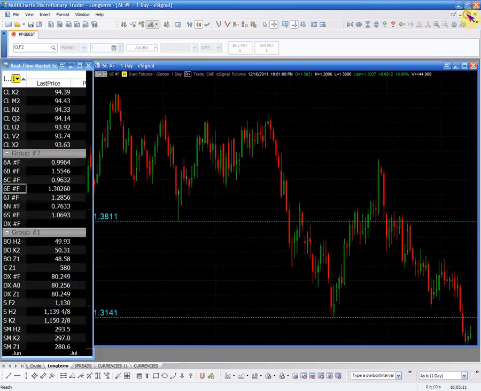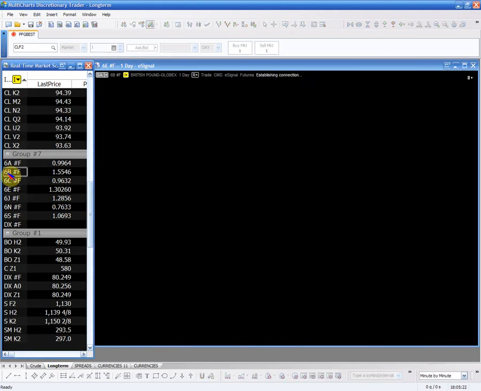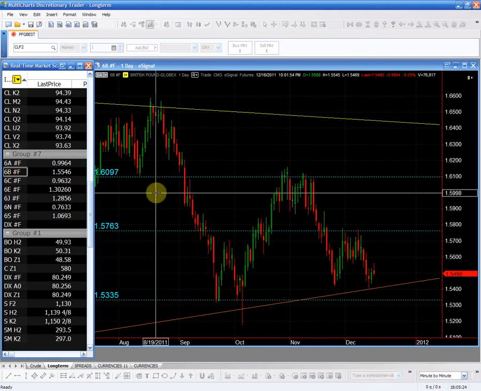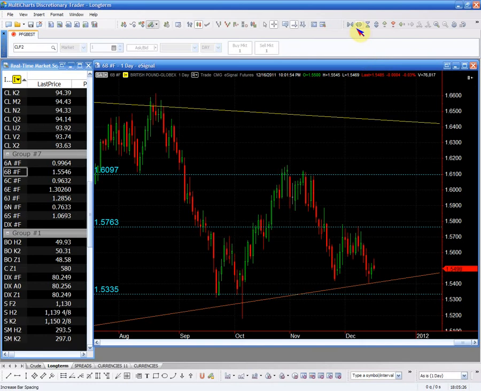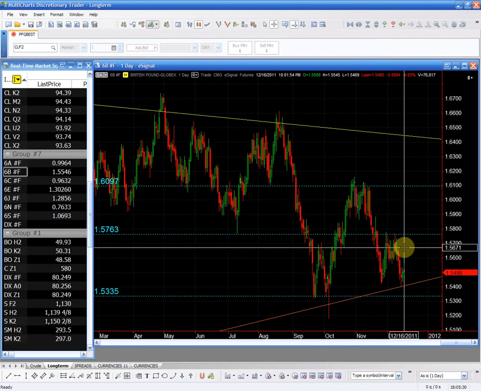I'm leaving the Australian and the Canadian for a second, but now we're going to look at the British pound, and pretty much the same. The British pound right here, we do have another sell signal.